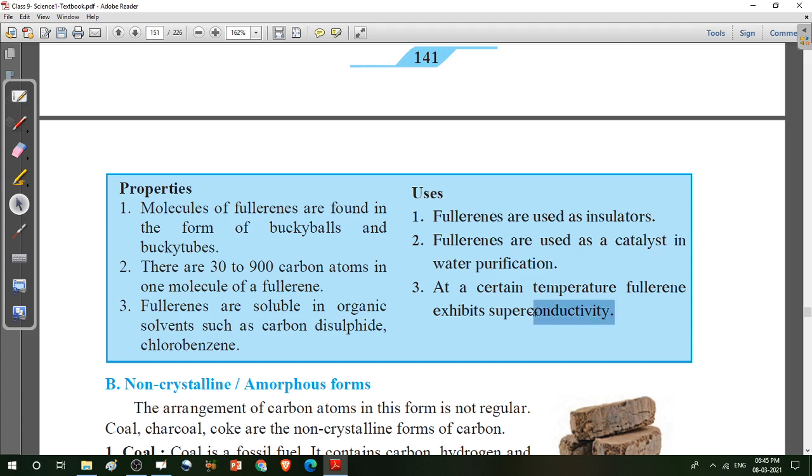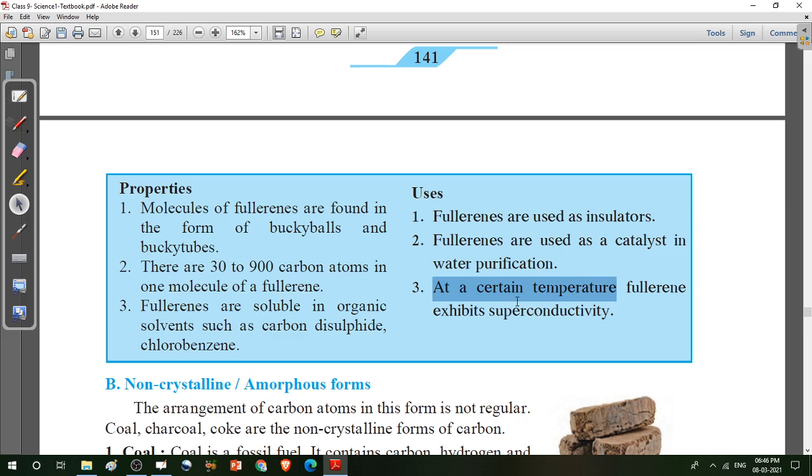So among the three crystalline forms of carbon, diamond, graphite and fullerenes, graphite is a good conductor of electricity. But what about fullerenes? It depends on the temperature: at a certain temperature, fullerenes exhibit superconductivity.